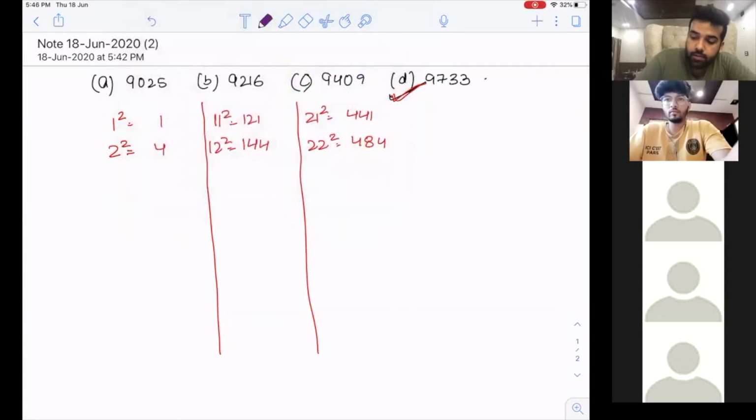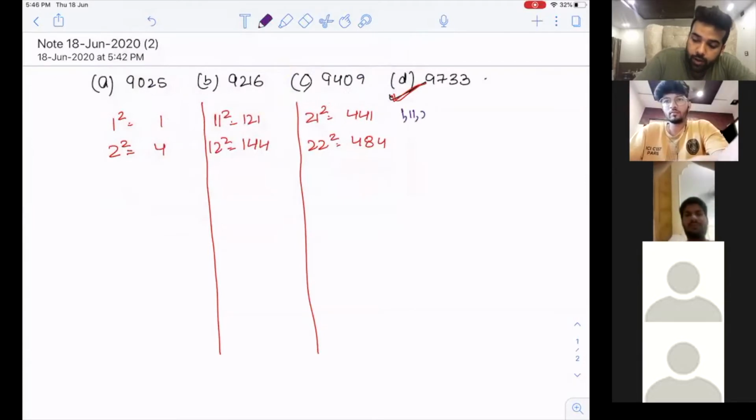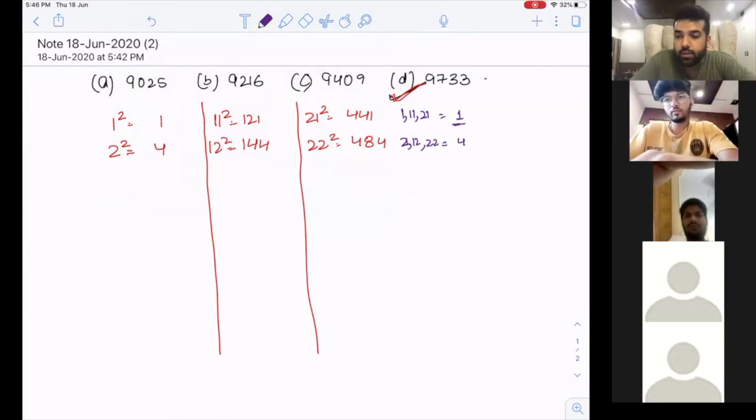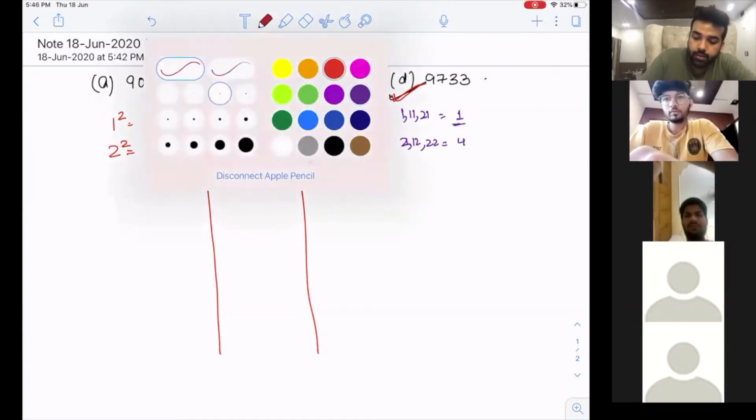Why am I doing this? For 1, 11, 21, the square always ends with 1. For 2, 12, 22, the square ends with 4. Now, similarly, let's do it quickly.